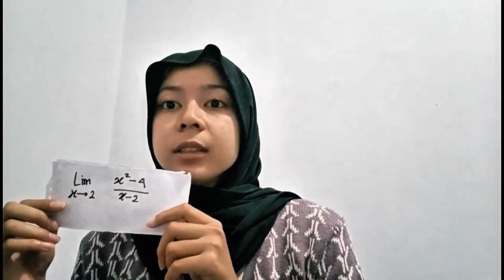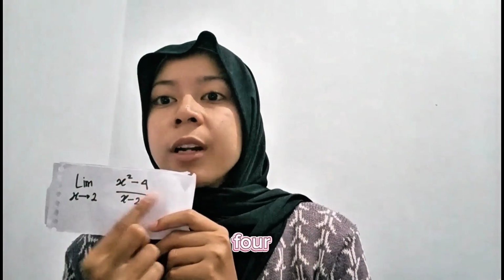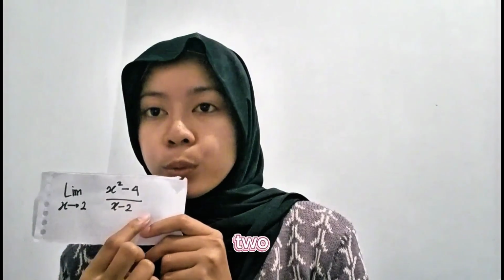Guys, sometimes direct substitution gives you 0 divided by 0, which means we need algebra first. For example, we have the limit as x approaches 2 of (x squared minus 4) divided by (x minus 2).